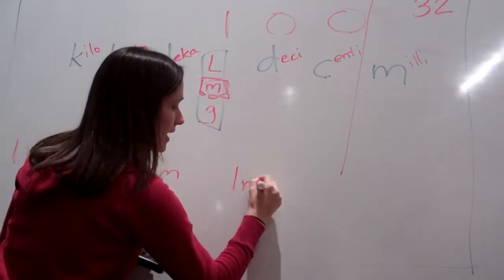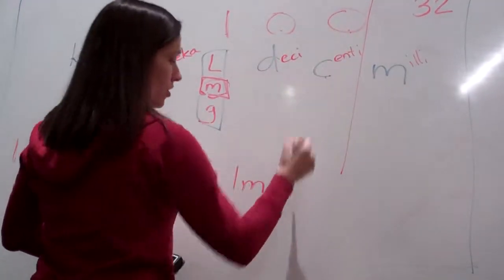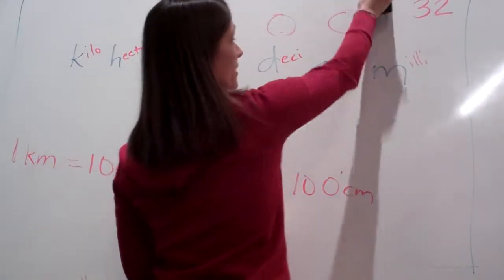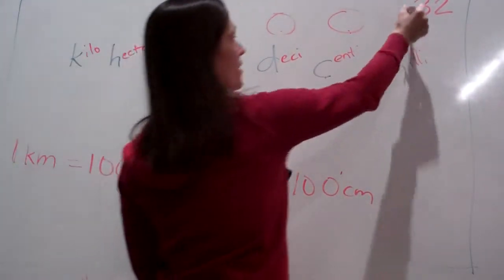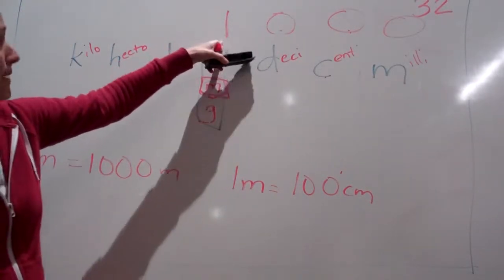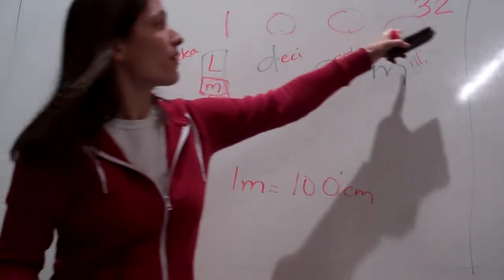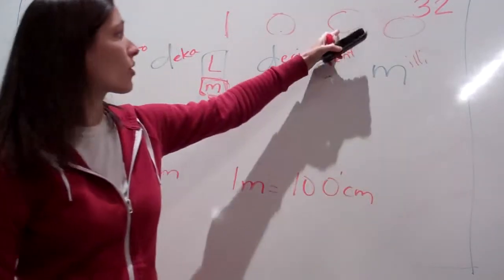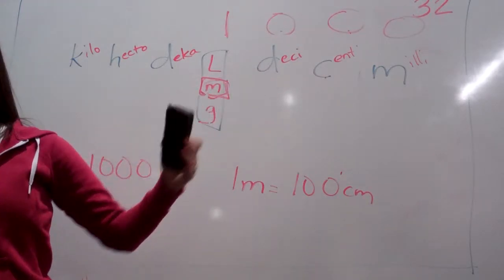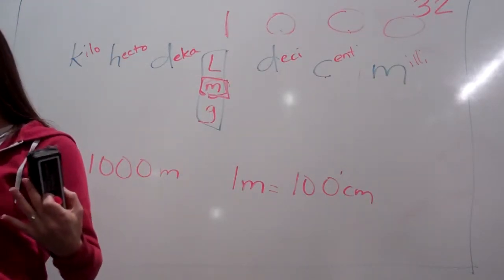So I'm going to say 1 meter equals 100 centimeters. How many millimeters would it be? 1,000, because I filled it in. Very good. So 1 meter would be 1,000 millimeters, or 100 centimeters, or 10 decimeters. Everybody see how you convert it really easily?